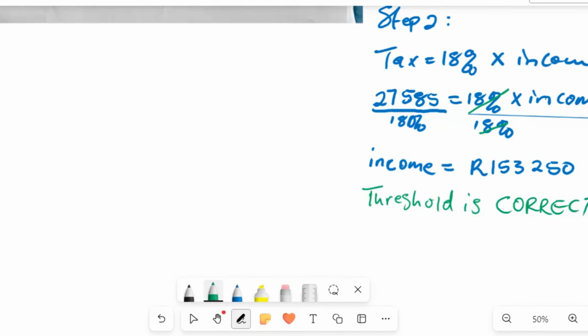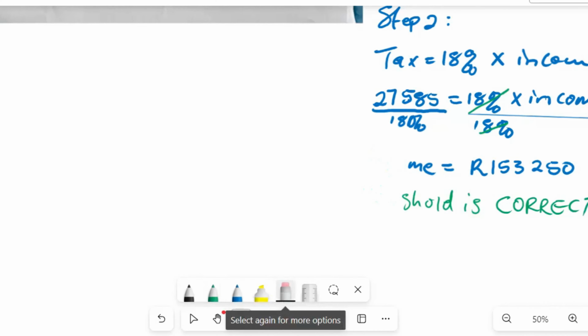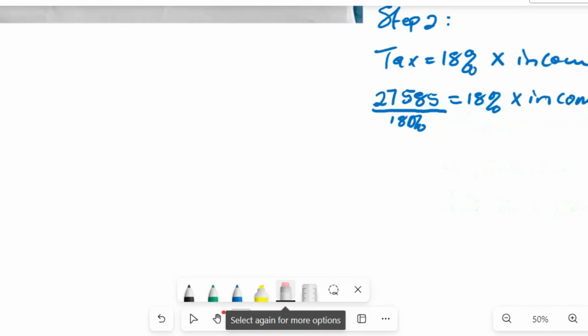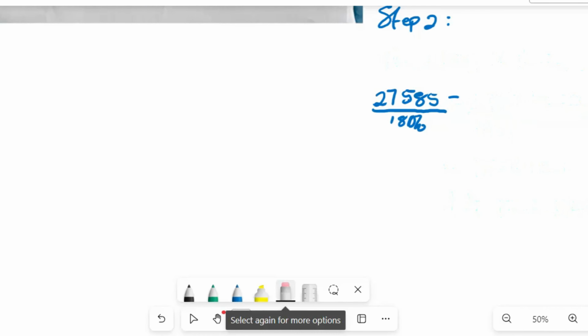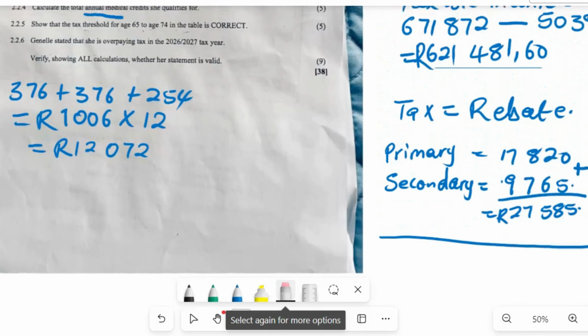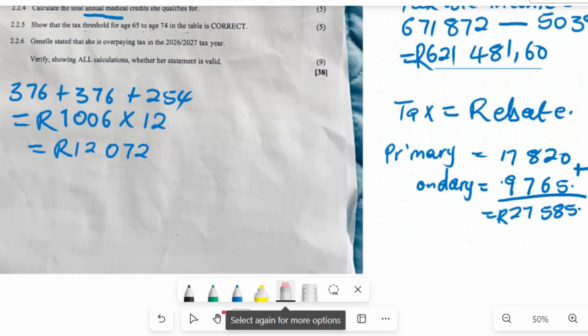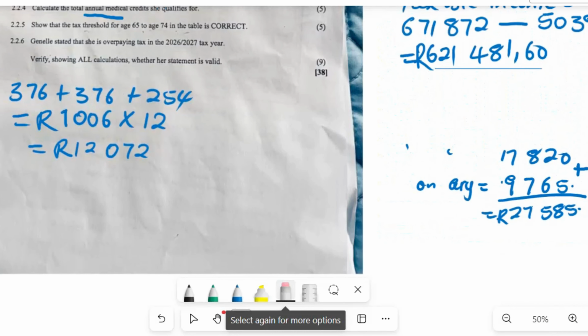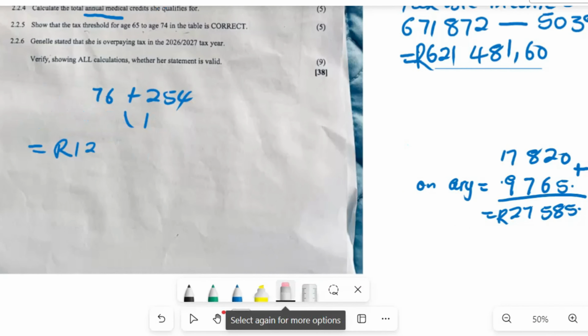Right, so now I can erase this just to open up the space and not go too far from the question paper itself.